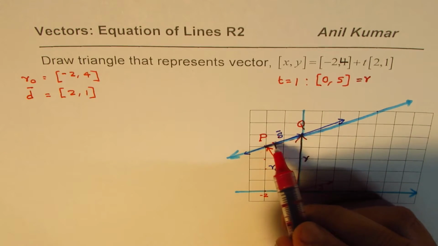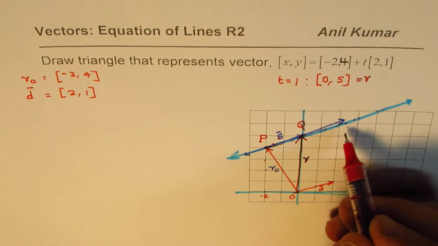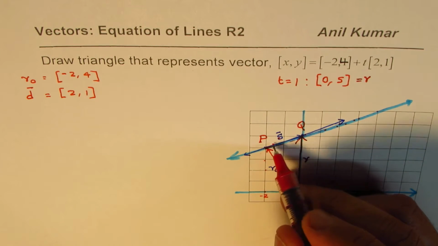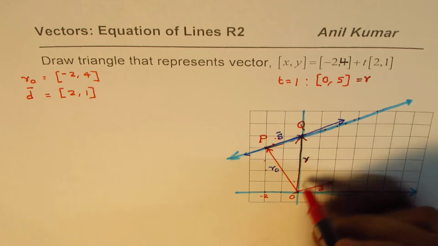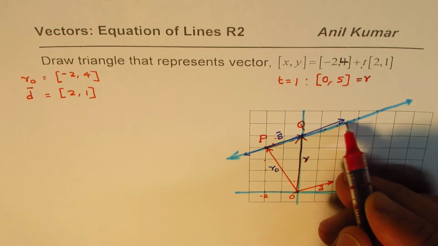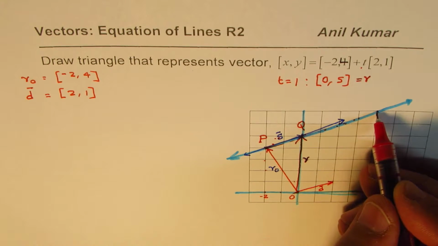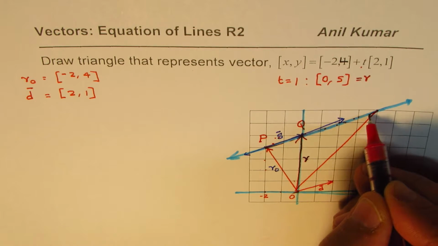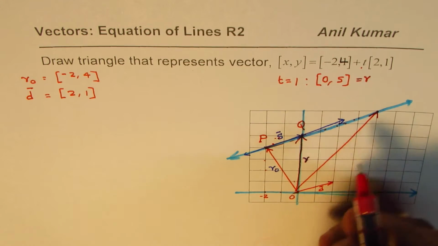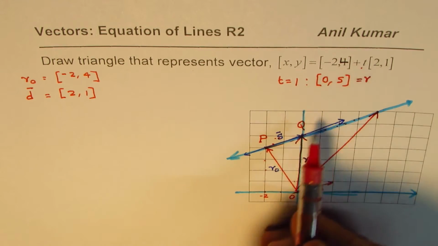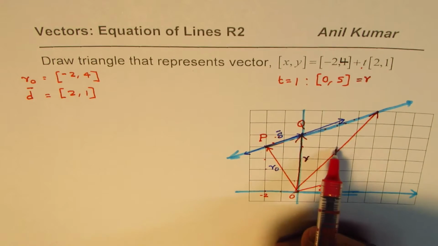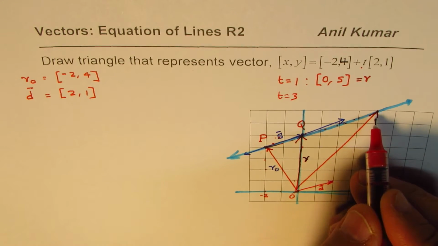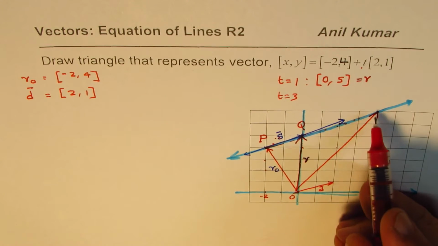Now similarly, all the points on this line could be represented as r0 plus t times s. So we get more points on this, t times s. That represents a set of points on this particular line. So we could have drawn a line from here to this place, right? And this is how many t's we have added? 1, 2, and 3. So for t equals 3, we'll get that point, right? You can do the math, so you'll get this point.